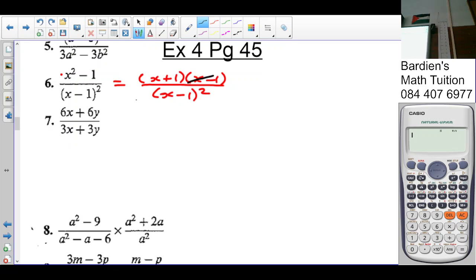So x minus 1 cancels with one of the two at the bottom, not so? So it will give us x plus 1 over x minus 1. Okay.